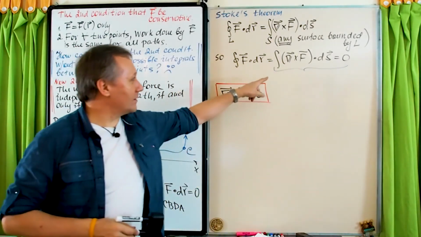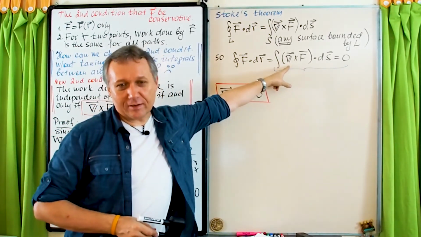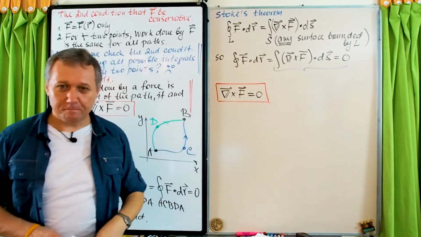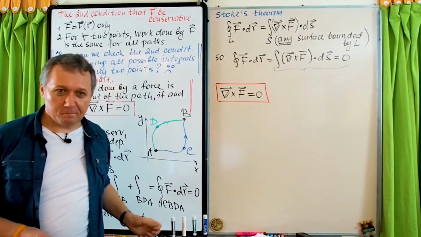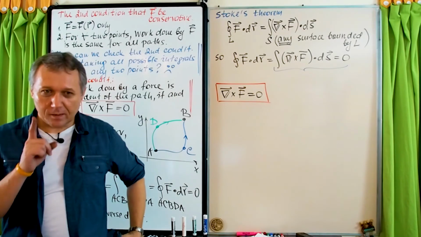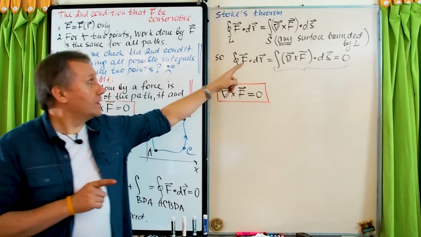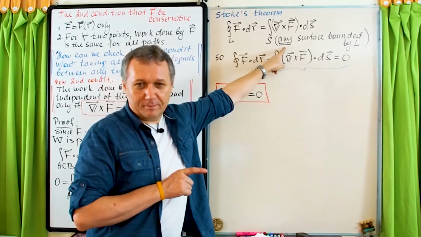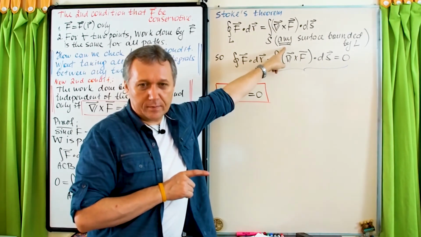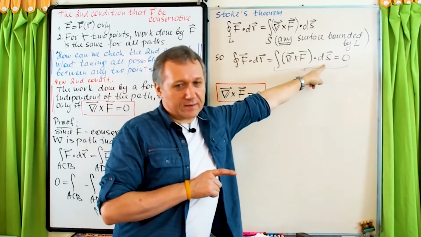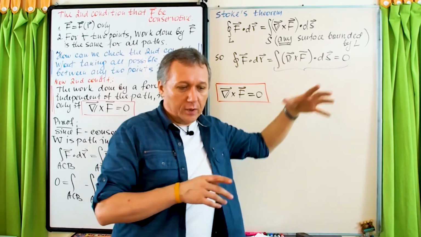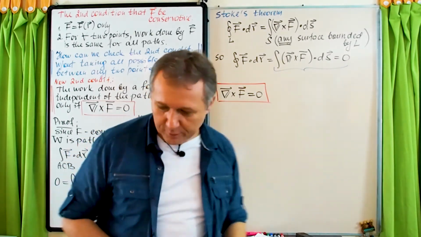When we can take this integrand and call it 0. The key word I already underlined: any surface. It means that this dS can be any, right? So for the flat surface, where is my loop?